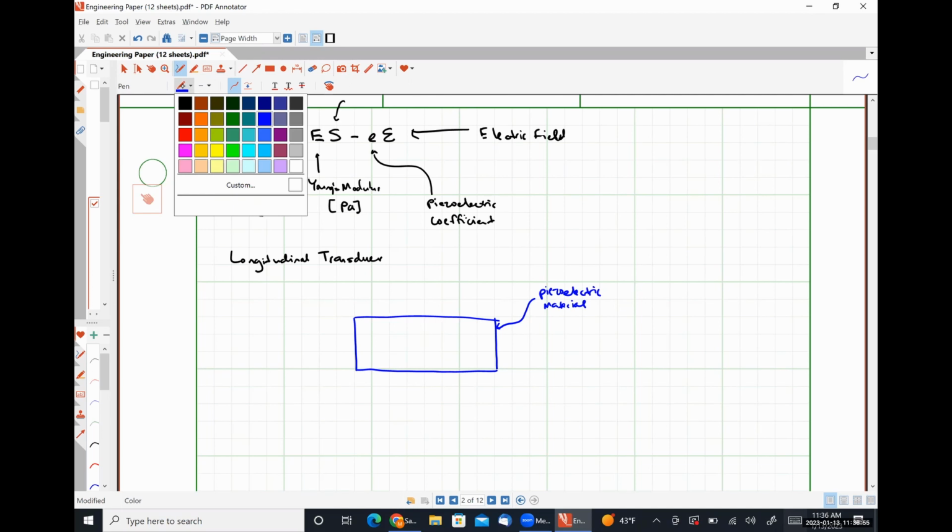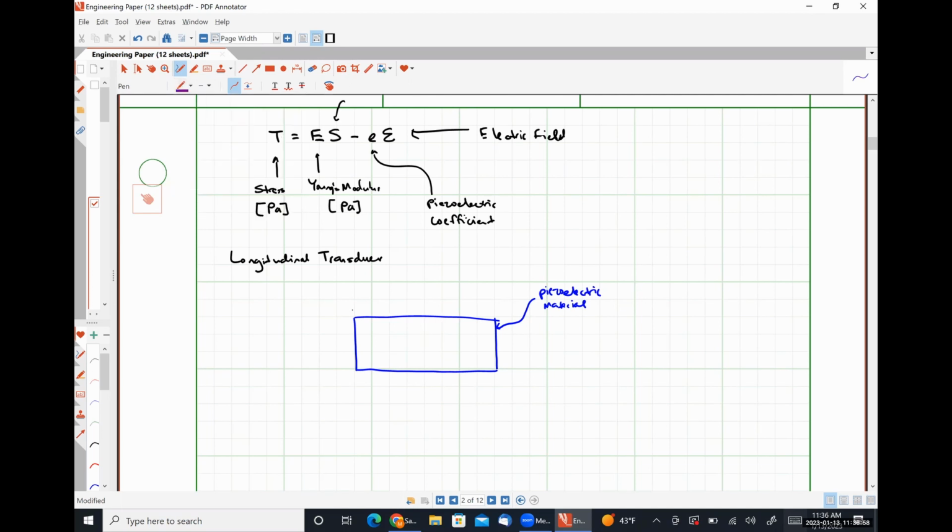My piezoelectric material is going to be sandwiched in between two electrodes because I need to be able to send my generated electric field somewhere else. So this is the top electrode, and the bottom electrode. So I'm going to ask you what I hope is an obvious question, but what does this thing look like right now? A capacitor, absolutely, yes.